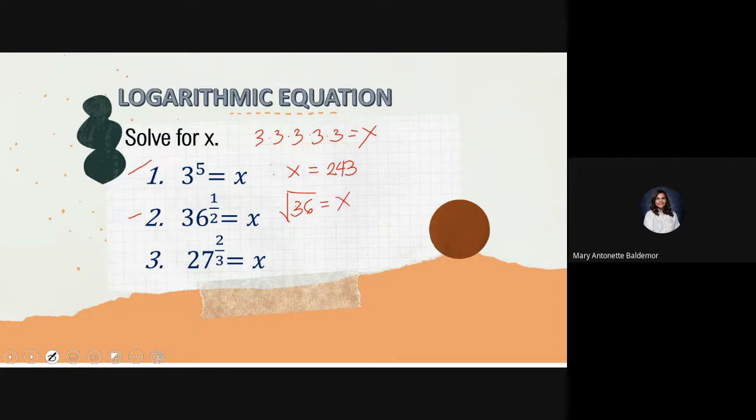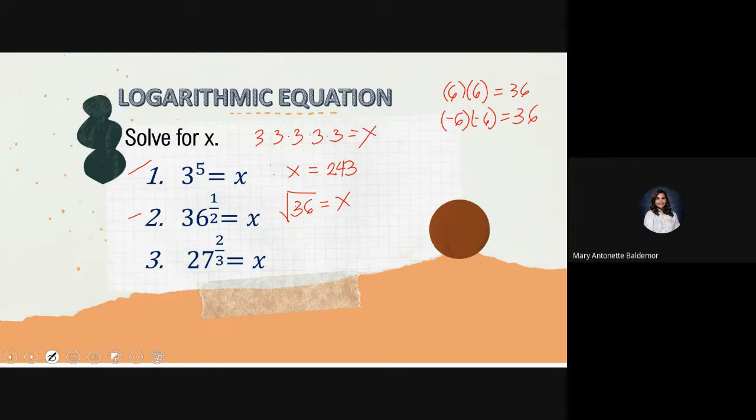Now, let us take into consideration that we know the square root of 36 is 6. If we multiply 6 by itself, we get 36. But if we also multiply negative 6 by itself, we also get 36.